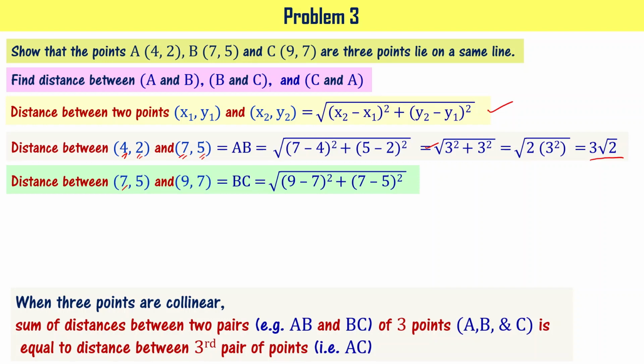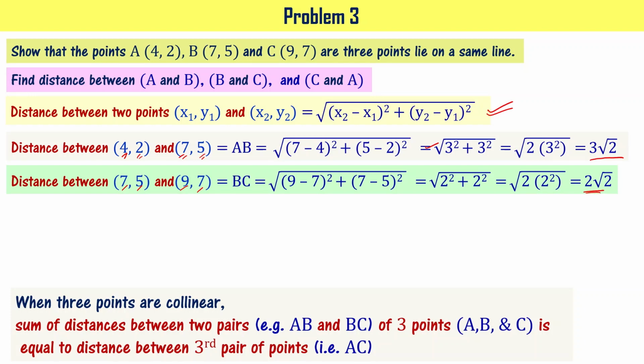This is, let's say, x1, y1, x2, y2. When you substitute those into the formula, you get BC equal to the square root of (9 minus 7) whole square plus (7 minus 5) whole square. When you simplify it, you get 2 root 2.